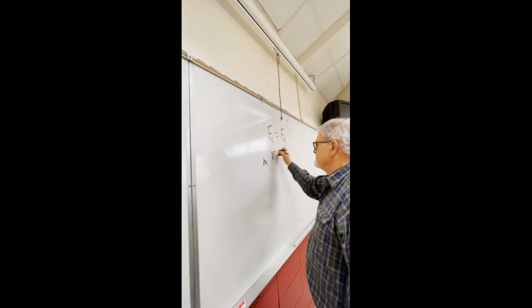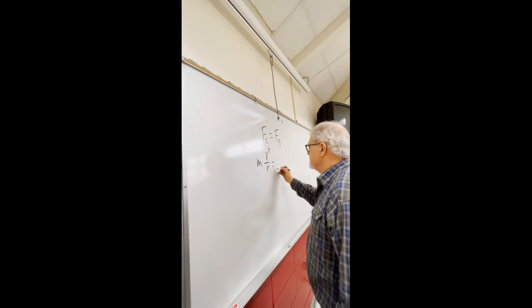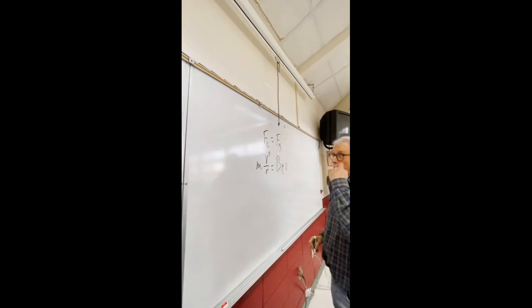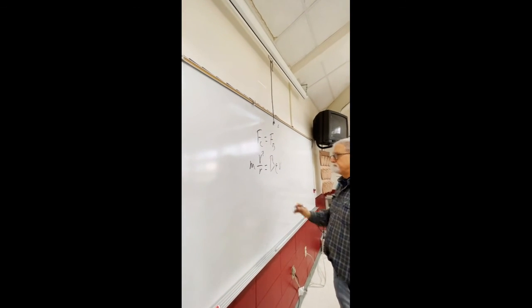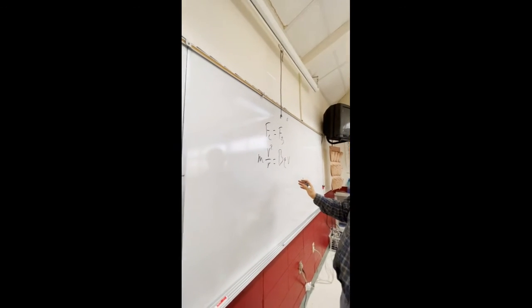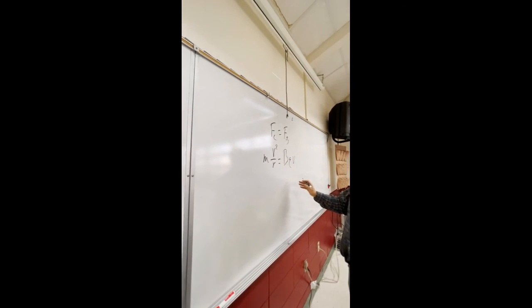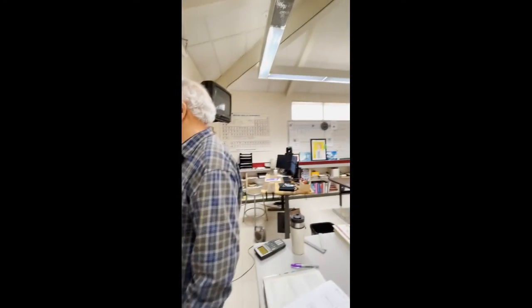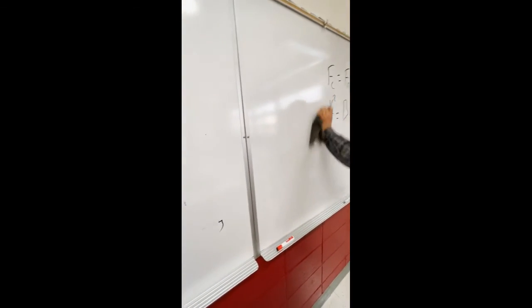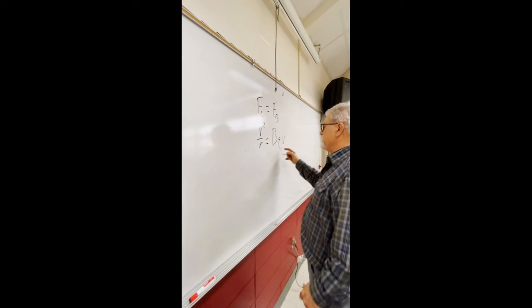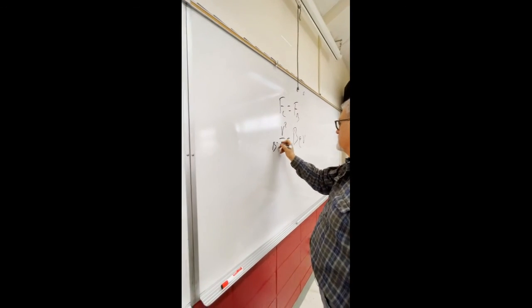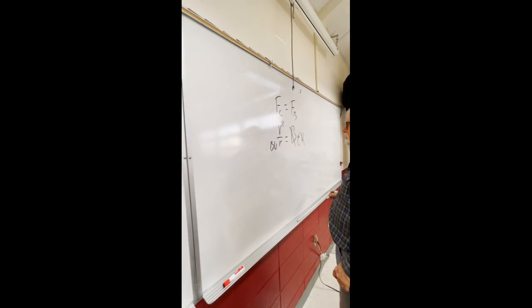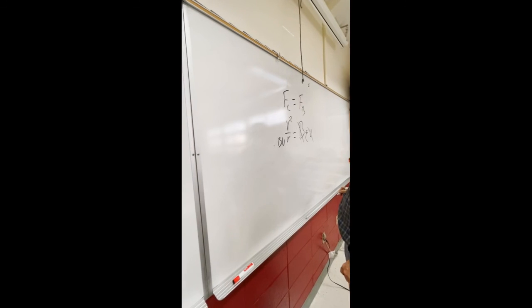So mv squared over r is equal to BqV. There's our charge and there's our mass. They want charge to mass, so we divide both sides by BV.